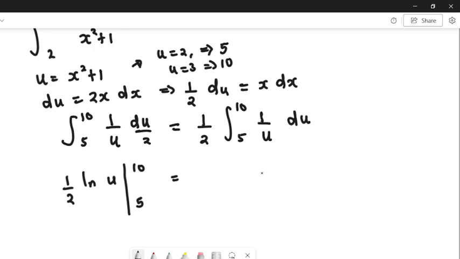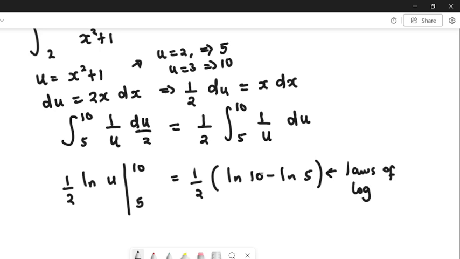So here you'll have to know the rules of logarithms quite well. So you're going to have a half times ln of 10 minus ln of 5. Take note, here you're going to apply laws of logarithms. You cannot just subtract and say you'll get 5. No, that is wrong.